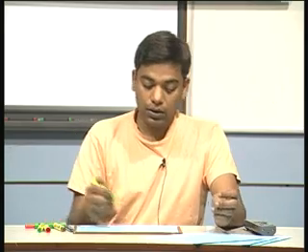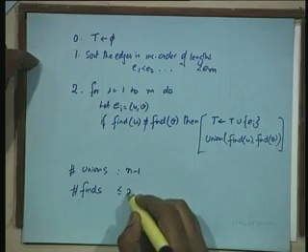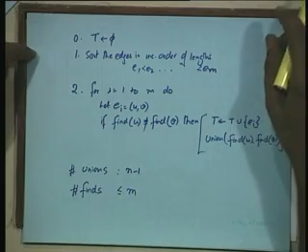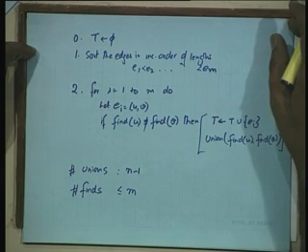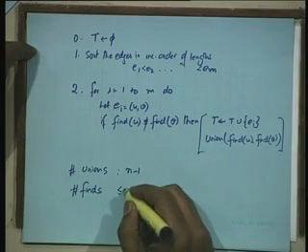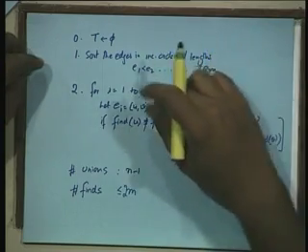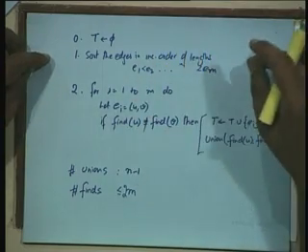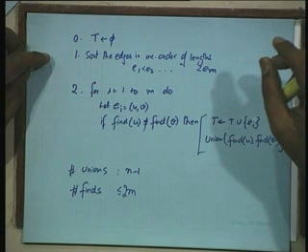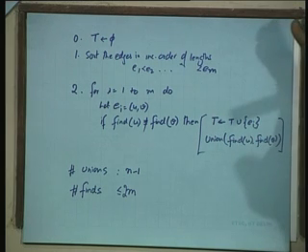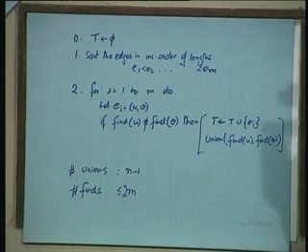So, number of finds is less than or equal to 2m. I have said for I equals 1 to m, but you can always break out of this for loop the moment you form a tree. So, you will keep it less than or equal to 2m.